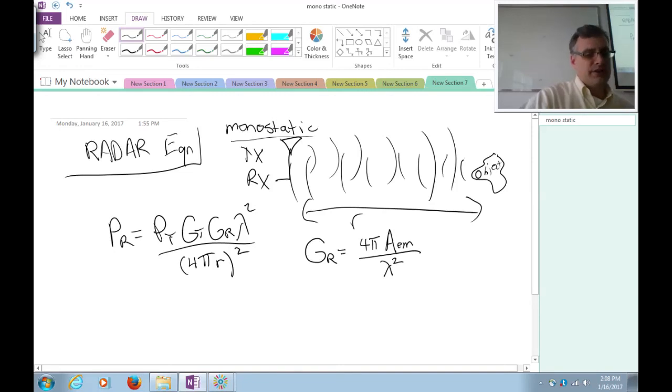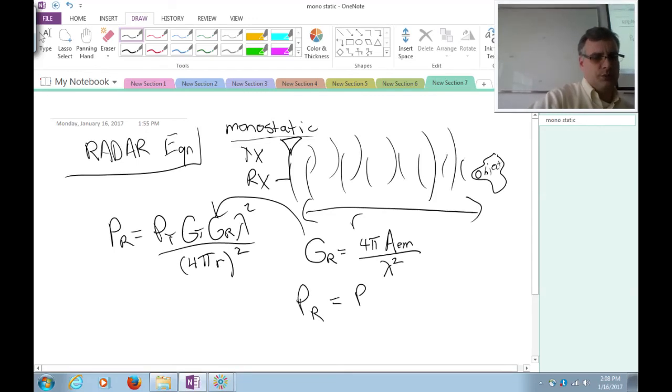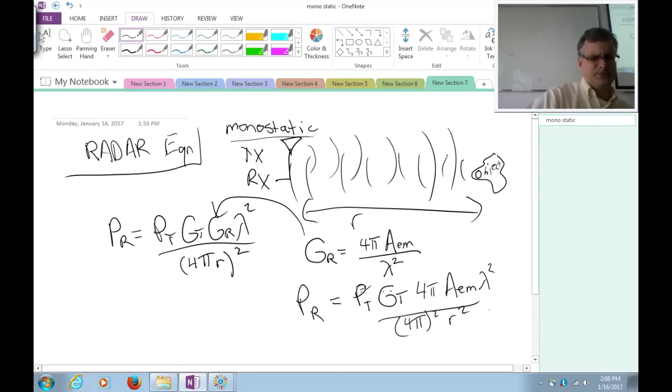So if I plug this term into the classical Friis free space equation, then what I get is PR is equal to PT times my GT. Remember, these two together can be considered EIRP in the linear scale, times 4 pi electromagnetic aperture lambda squared over, let's do it separated out, 4 pi squared times r squared.